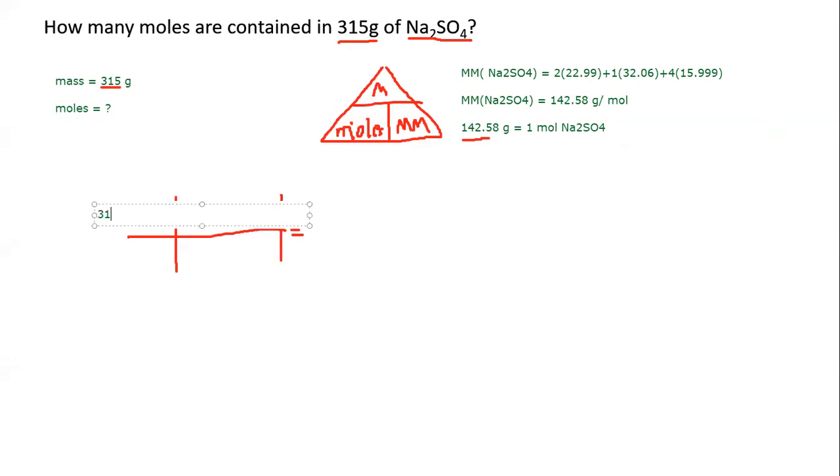So we have 315 grams sodium sulfate. Since we're starting with grams, and also from our triangle, we know that we should divide mass by the molar mass. So we're going to put the molar mass on the bottom, and we're going to put the mole on top. Now we just divide and we get the moles of sodium sulfate.